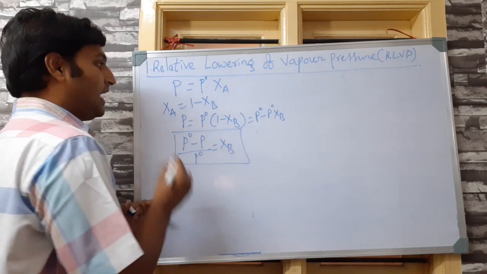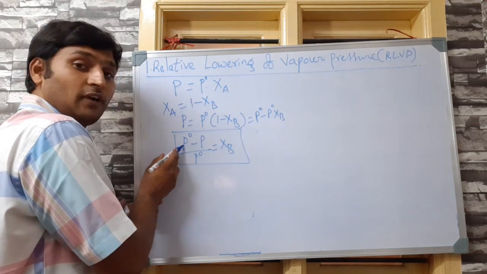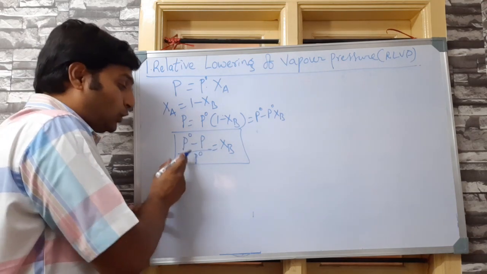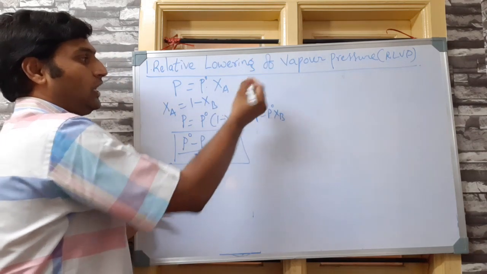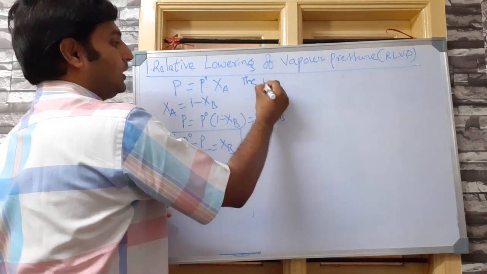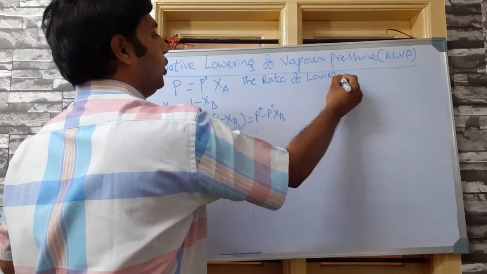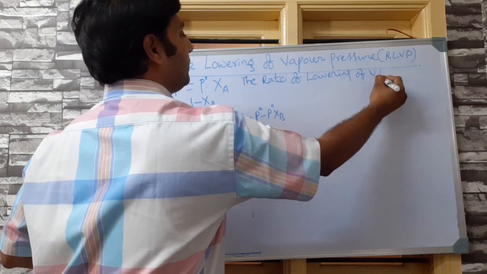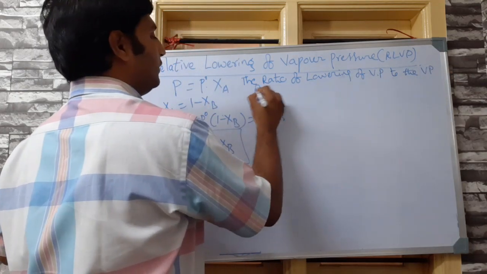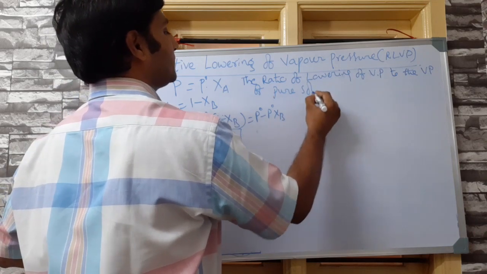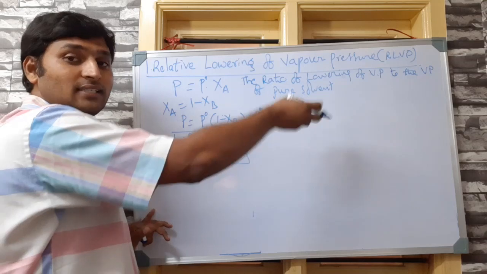Now this ratio, the ratio of lowering of vapor pressure to the vapor pressure of pure solvent, is called relative lowering of vapor pressure. If you want a definition, how can you write it?